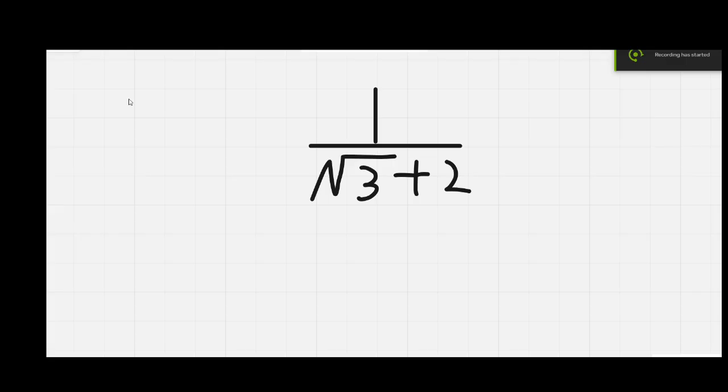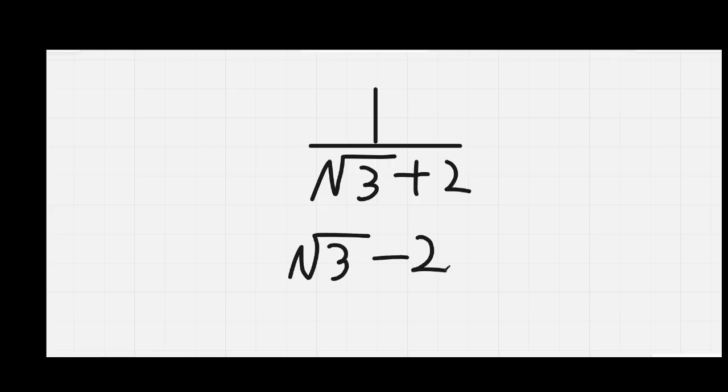Okay, here's a more complicated question where you will have to multiply the fraction by the conjugate of the surd. The conjugate of this surd would simply be root 3 minus 2.